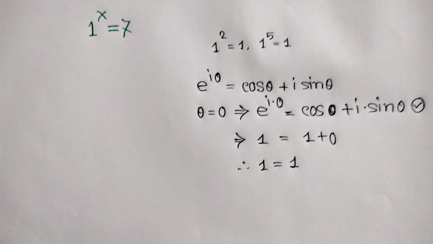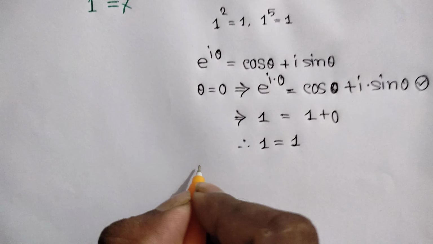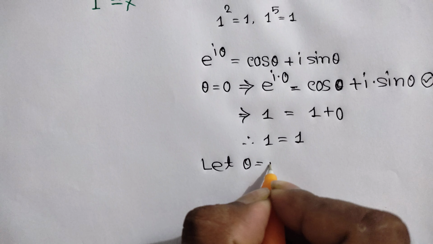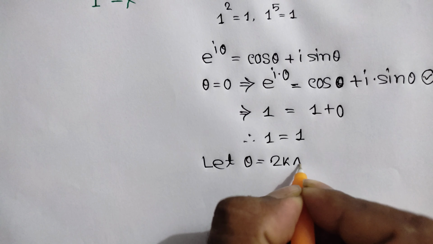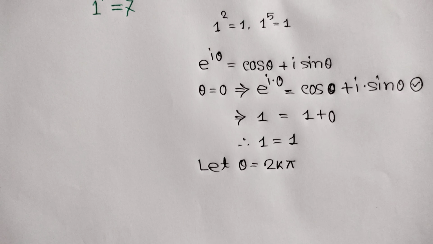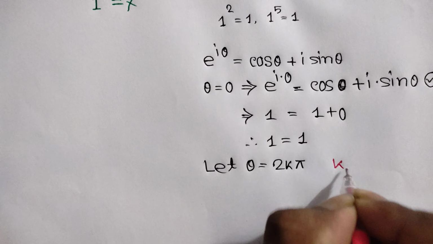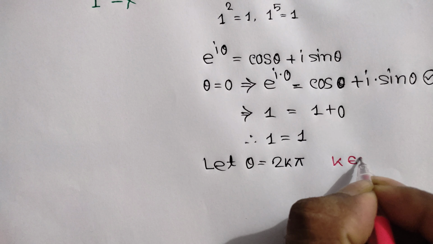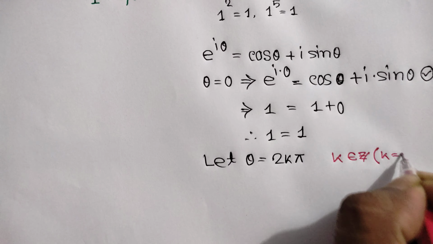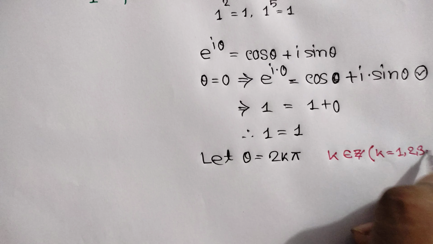Okay, now let theta is equal to 2k pi. Here k is a positive integer, so k is equal to 1, 2, 3, and so on.